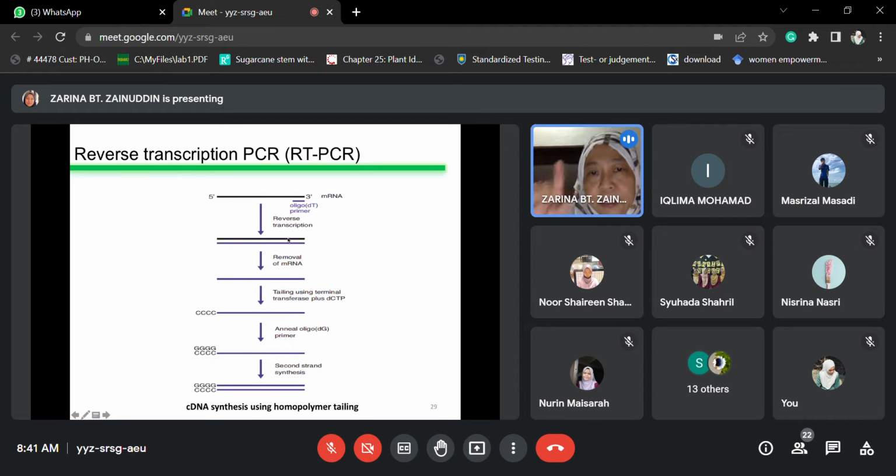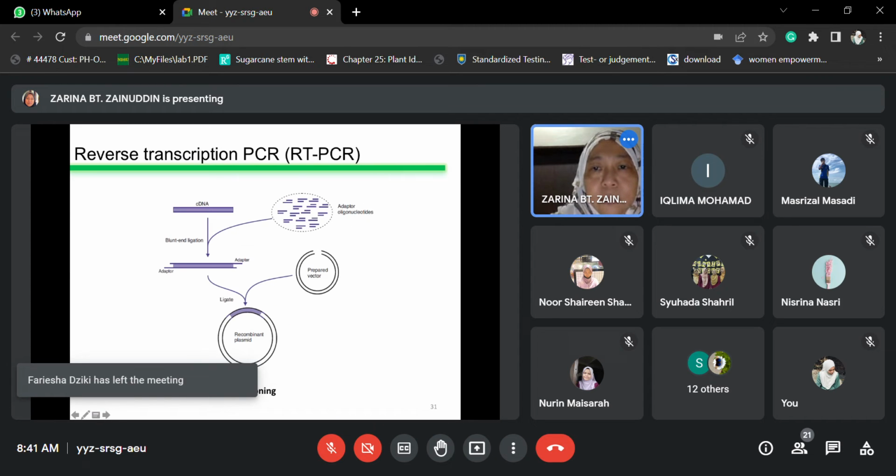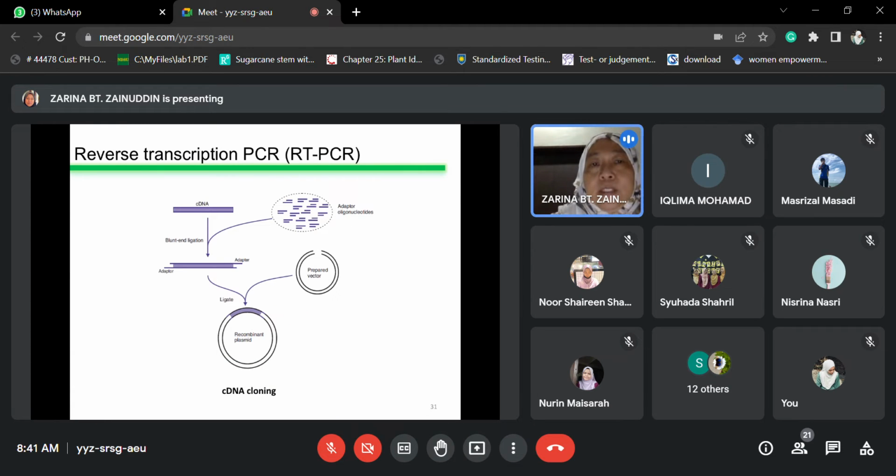It will produce fragments. These fragments will act as the primer to synthesize another strand of DNA. Okay, alright. So that is what we call reverse transcription.